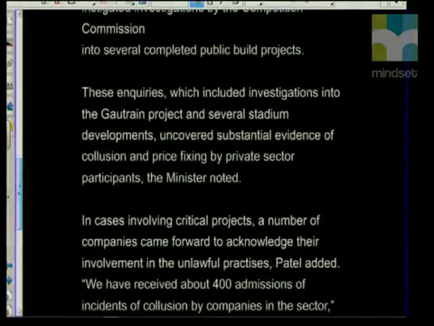Then further down in the article, they refer to some of the projects that were affected by this collusion. For instance, the train project and several stadium developments. Now that would probably refer to 2010 and the World Cup soccer stadiums that were built.